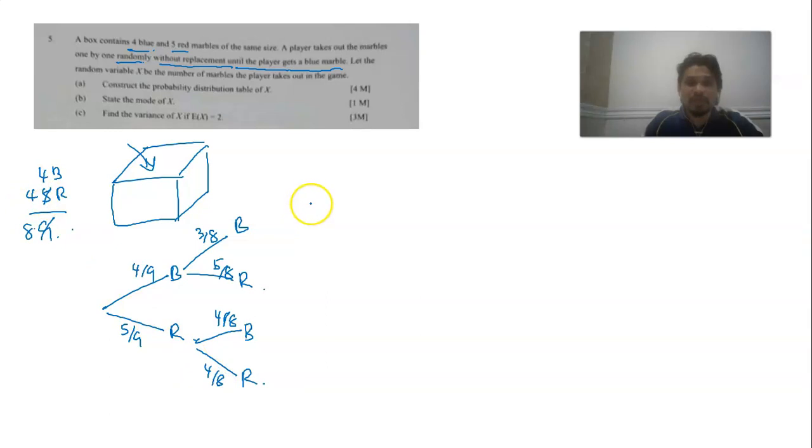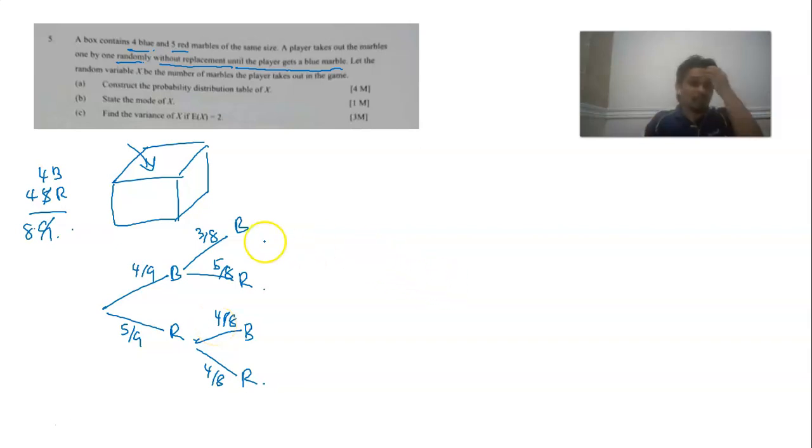If you would like to know whether your tree diagram is correct or not, just look at this. 4 over 9 plus 5 over 9 equals, yes, 1. 3 over 8 plus 5 over 8 is 8 over 8, equal to 1. 4 over 8 plus 4 over 8 is 8 over 8, equal to 1.